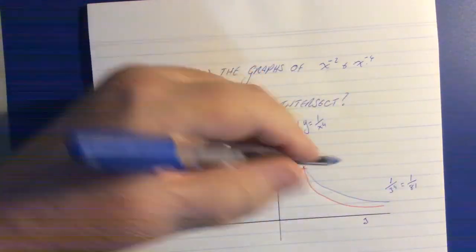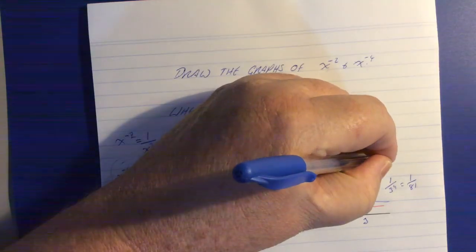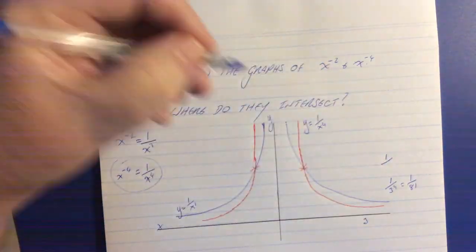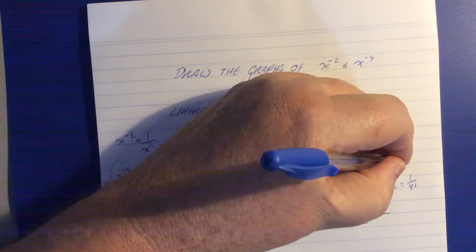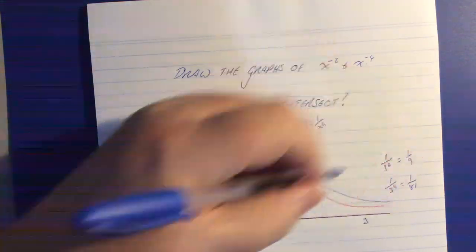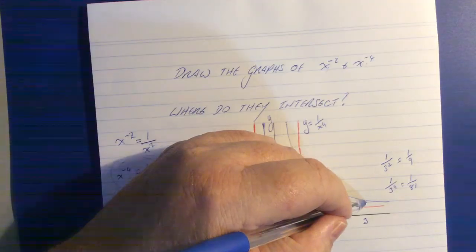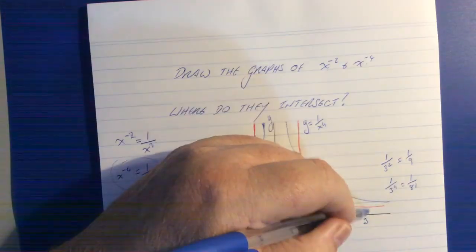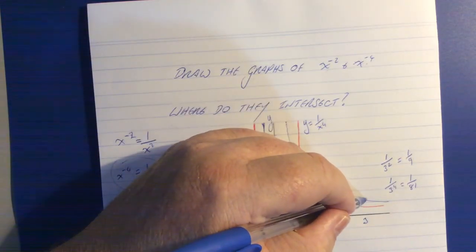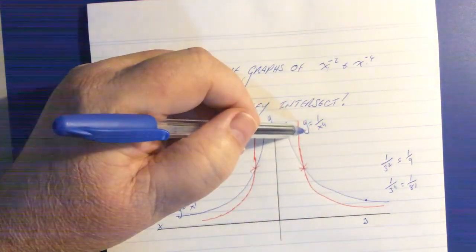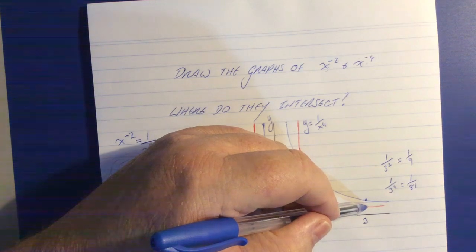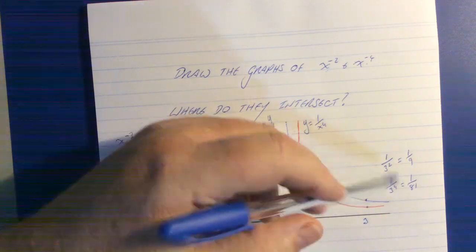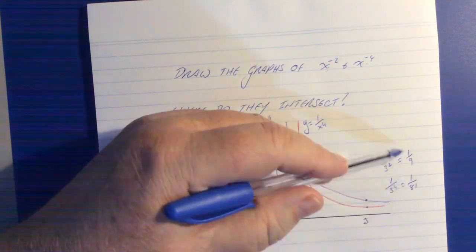If we put that same number into 1 over x squared, what we get is 1 over 3 squared, which equals 1 over 9. Now that explains why, and this is, as I say, poorly drawn, but it explains why 1 over x squared is in this position and 1 over x to the 4 is in this position here. This is much closer to the x-axis.